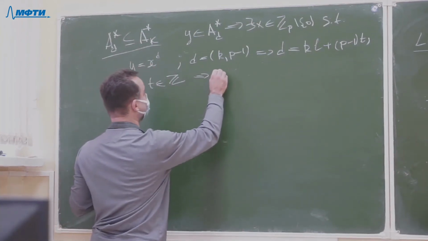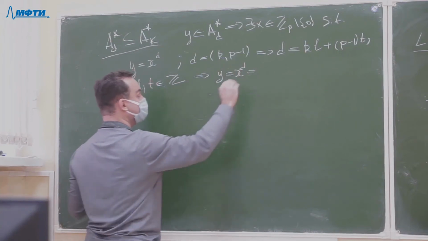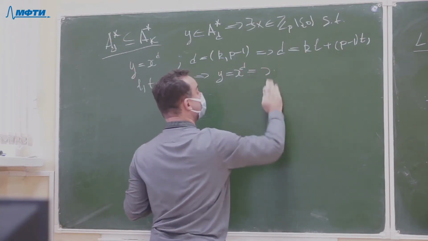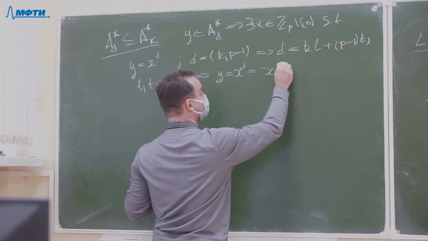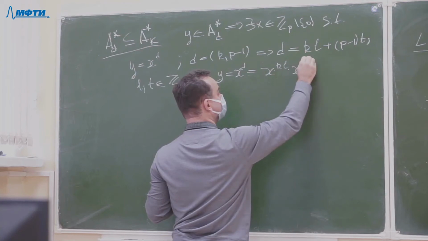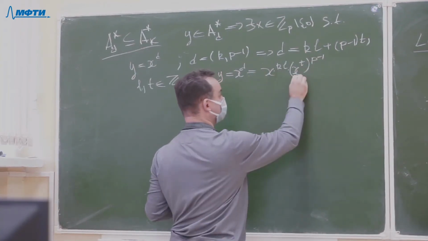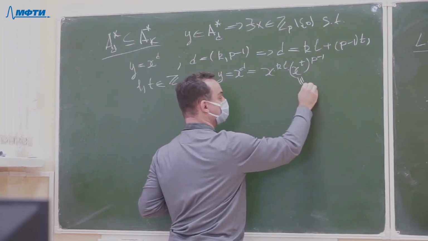This means y is x to the d, which is x to the k l times x to the (p minus 1) t, right? So this is one modulo p.